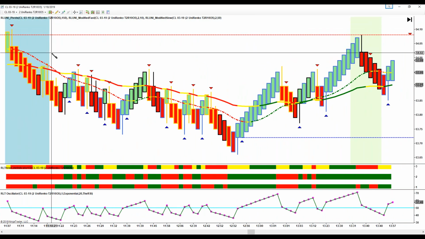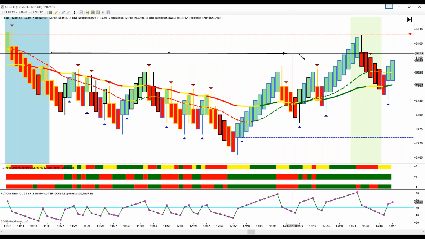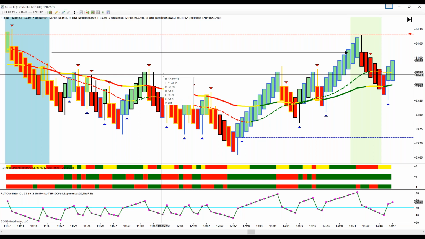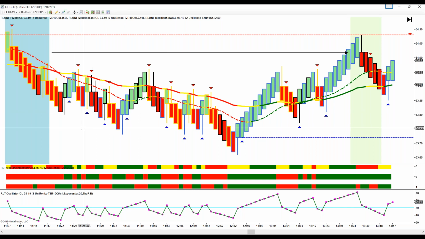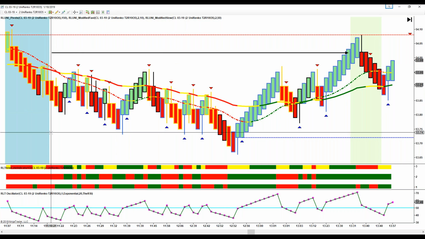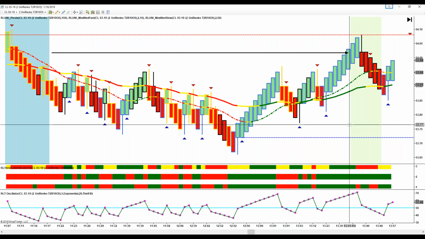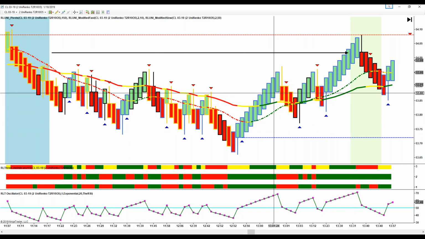Now, if you try to trade anything during this area, you're really going to get beaten up. Now, this is on 118, and this is in the afternoon between 11:18 and 13:31. So we know that we are not going to take any trade in this clear area.